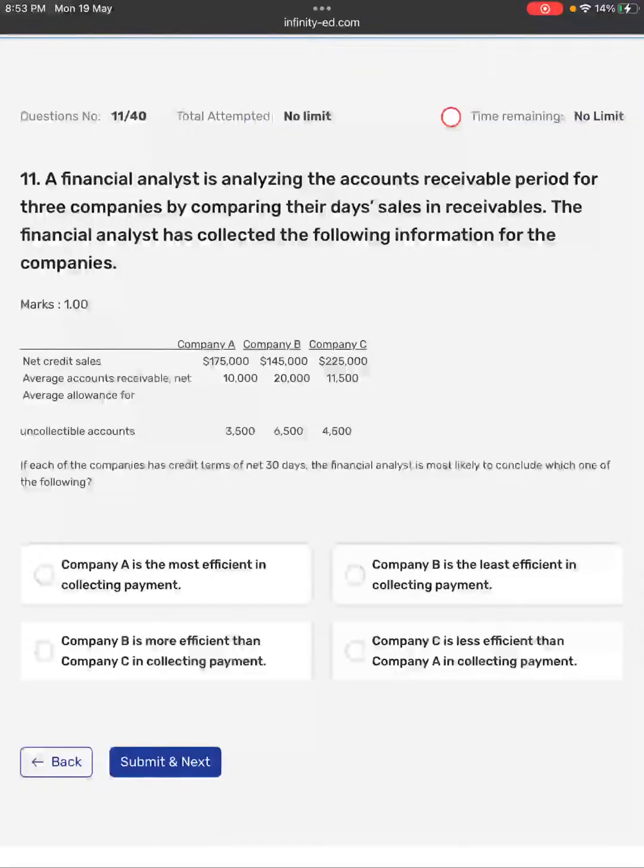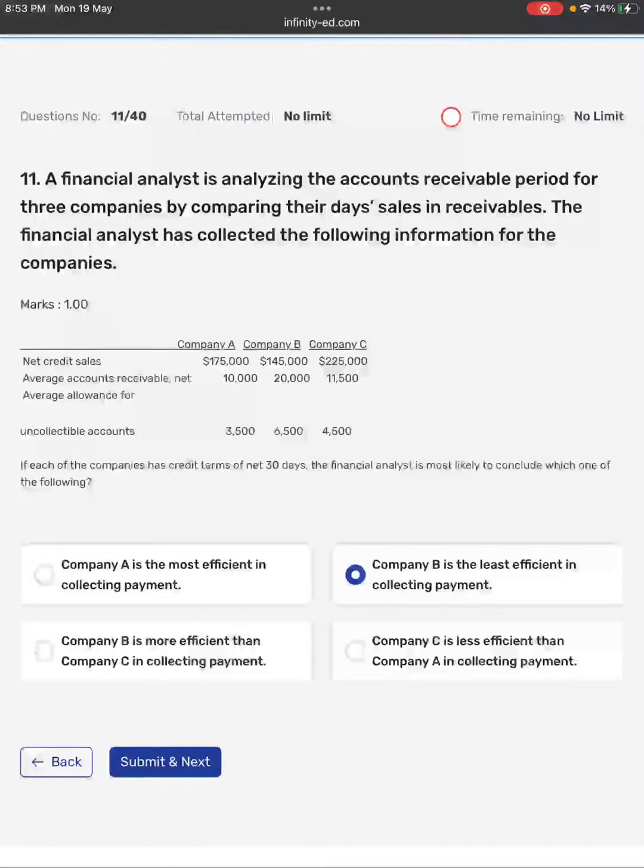Company A is most efficient. Company C is less efficient than company A in collecting payment. Company B is less efficient in collecting payment. Company B is less collection efficient.